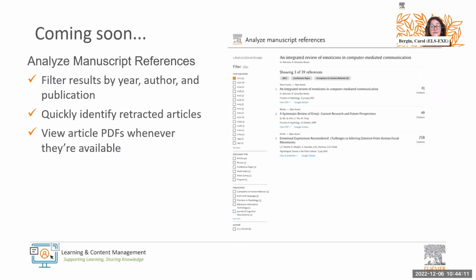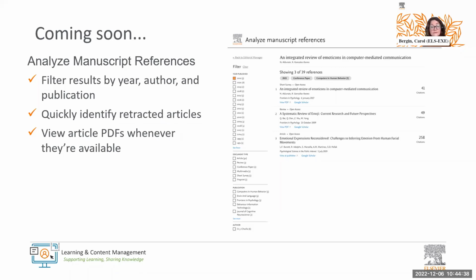We also wanted to share with you a few future developments that will be coming soon. A feature called Analyse Manuscript References will replace the existing reference checking results report, which is currently found on the manuscript details page. Analyse Manuscript References is designed to reduce the time editors spend evaluating a manuscript's references.